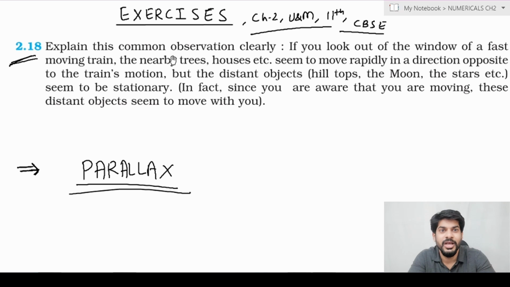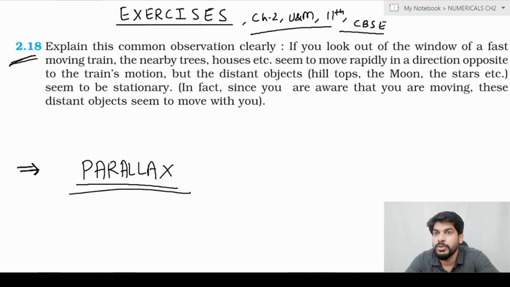This question is nothing for you if you understand parallax. Still, I will tell you what parallax is. Parallax is nothing but the phenomenon of apparent change in position of nearby objects with respect to the distant objects when the nearby object is observed from 2 points of observation or 2 locations.